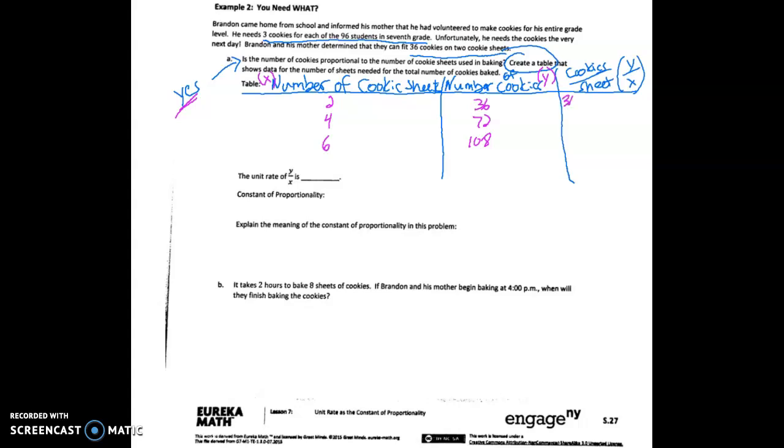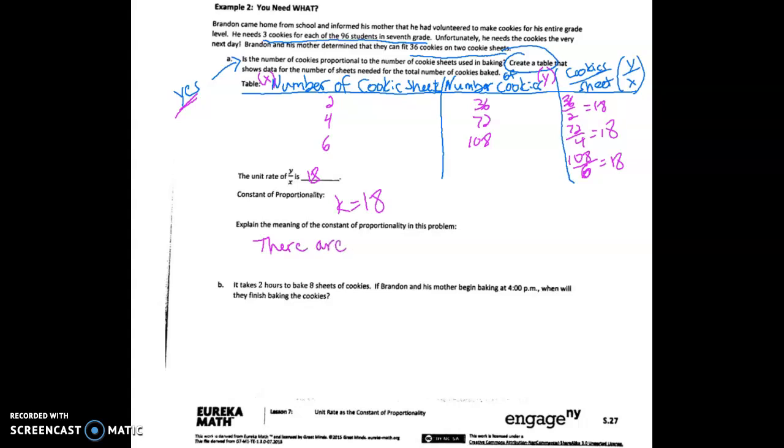So if I take 36 divided by 2, I get 18 cookies per sheet. If I take 72 and divide it by 4, I get 18 cookies per sheet. If I have 108 and divide it by 6, I get 18 cookies per sheet. So our unit rate is 18, our constant is 18, and explain the meaning of the constant.